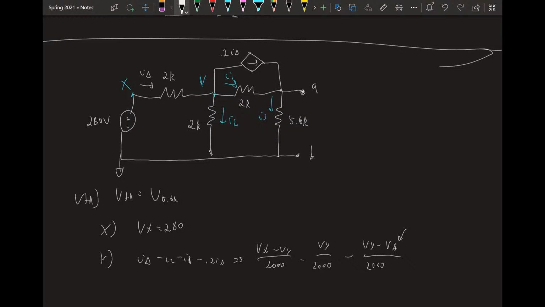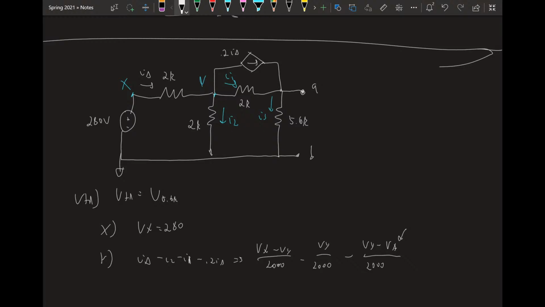Node A, we have 0.2 I delta coming in. We have I1 coming in. And we have I3 leaving. 0.2 I delta is 0.2 times Vx minus Vy over 2000. We have plus I1 coming in, which is Vy minus Va over 2000. And we have I3 leaving, so that's minus Va over 5600.